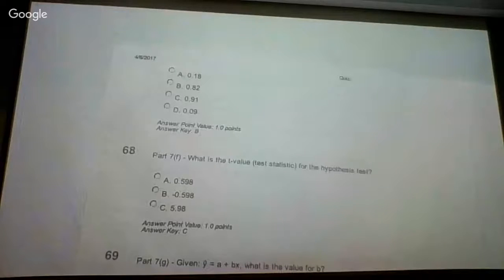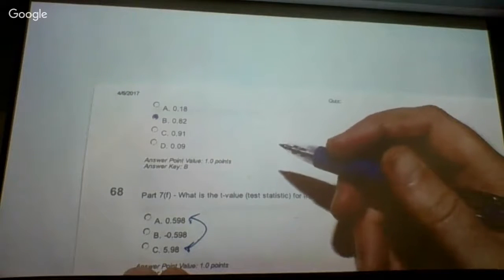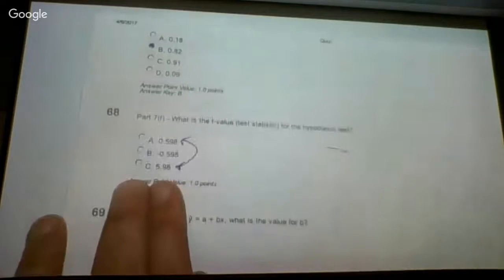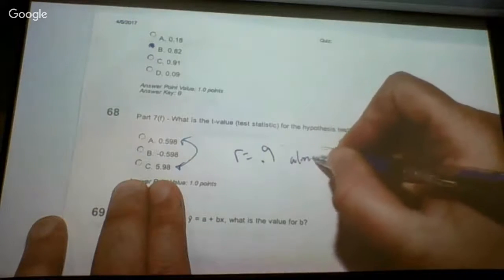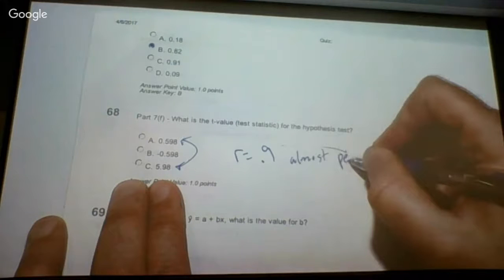The t-test is going to be, oh, you've got two of them that are positive here, John. Which one are you going to choose? I'm going with A. Is that not right? Well, r is 0.9. Do you think that's a real correlation? Do you think a correlation that is almost perfect is real and true and actually exists?